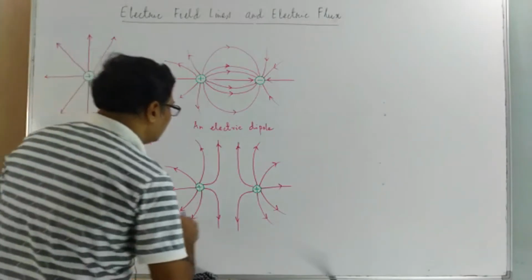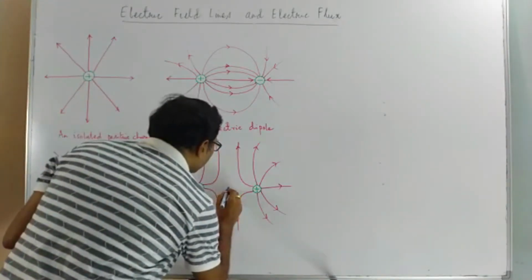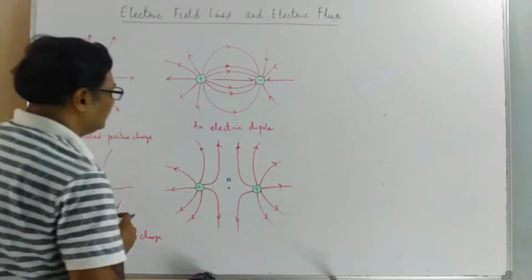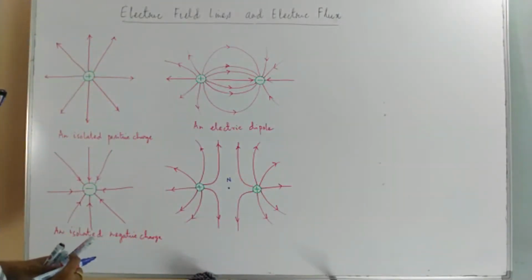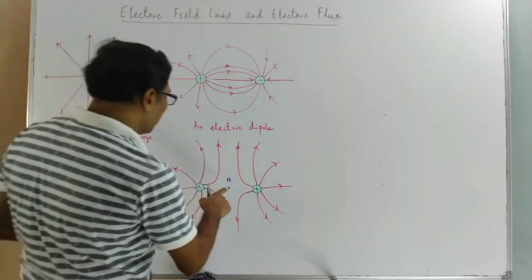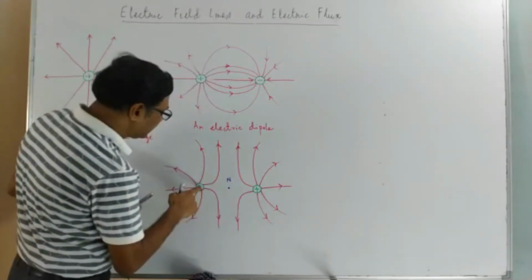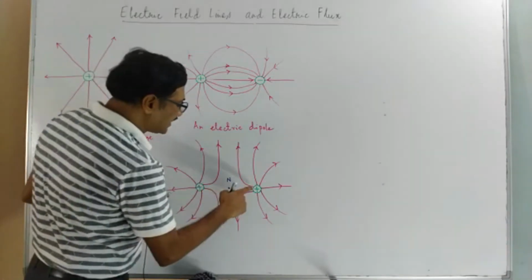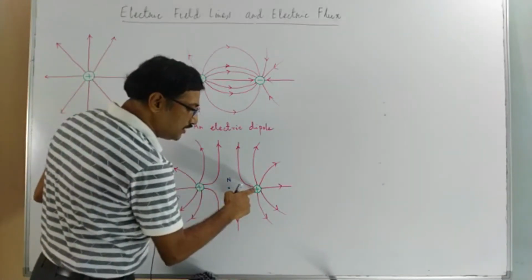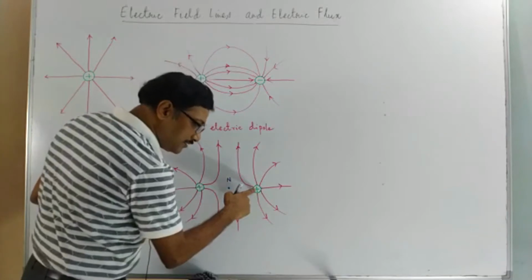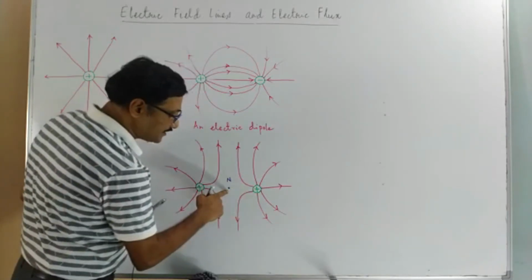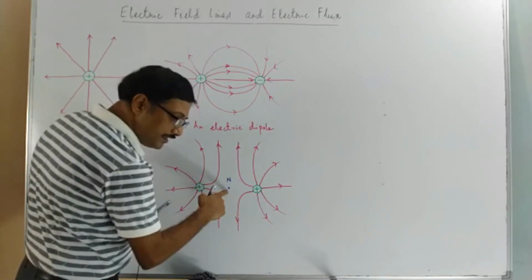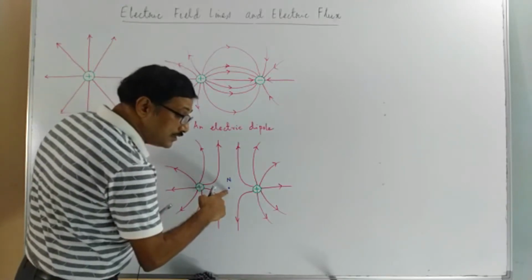But we consider a point exactly midway between these two charges. At this point A, the electric field produced by this positive charge will be exactly equal and opposite to the electric field produced by this positive charge. As a result, the net electric field at point A will be 0.